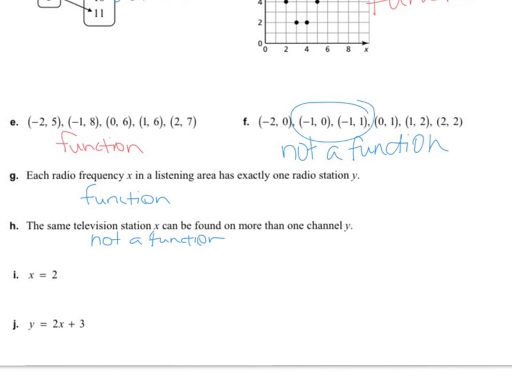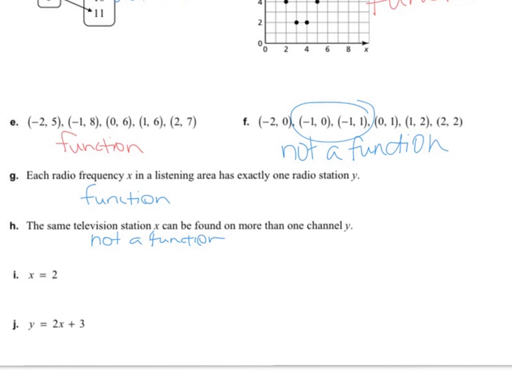So I gives us a different way of looking at this with an equation, okay? So in I, the equation is X equals 2. Okay, so if I have an input, because this is an X, our X's are our inputs, an input of 2. Now, there is no Y defined here. We don't have a Y here at all.